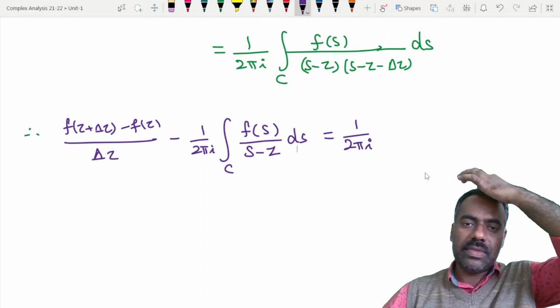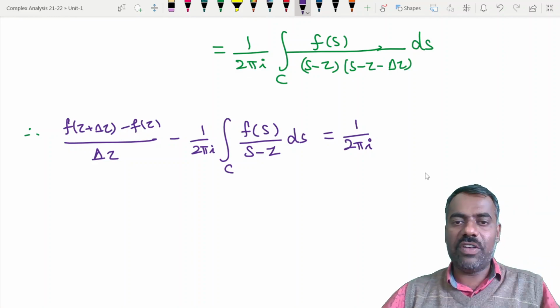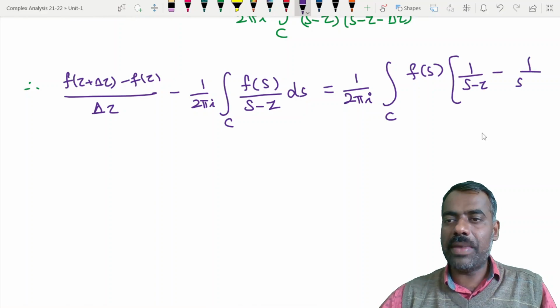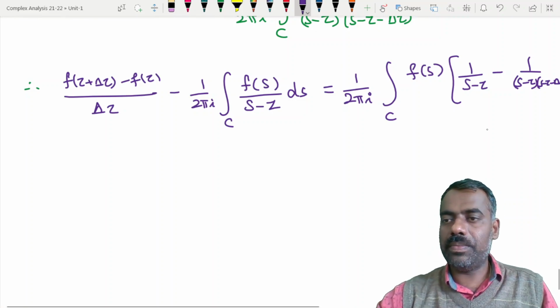Then this integration, f of s is there. So if you take f of s, then what we have here is 1 by s minus z minus 1 by s minus z minus delta z.